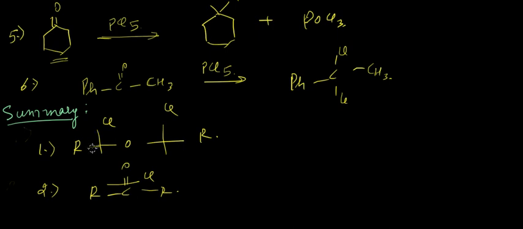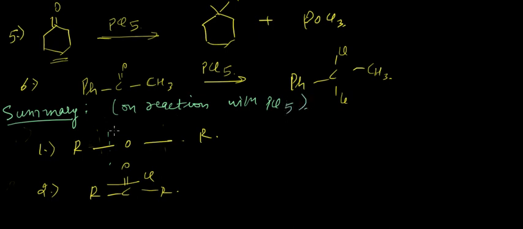So what I'm trying to show here is, this was a single bond between R and O. On reaction with PCl5, this bond and this bond will be broken and the position will be taken by the halogen.